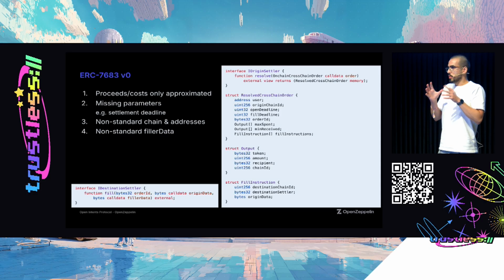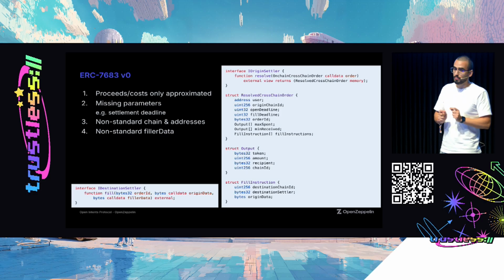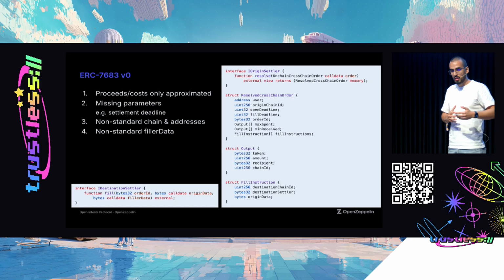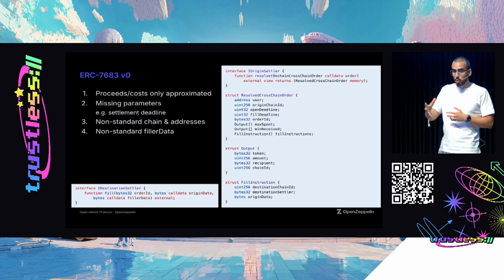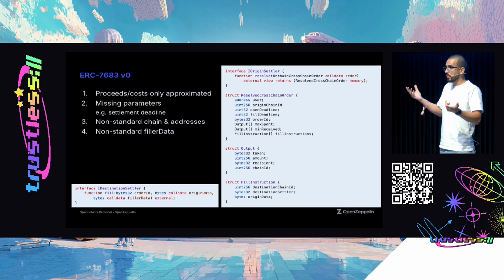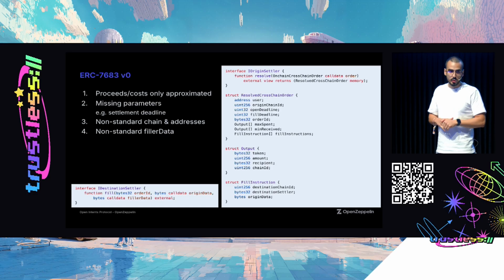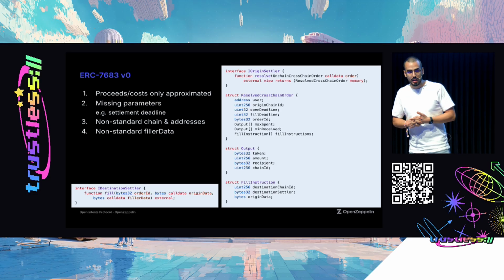But no, you don't want them to be hoping. You want them to have certainty that they're going to get their money back, right? And so parameters such as this settlement deadline, which ensures that users can get a refund if the intent is never filled, are very important to include across the standard.